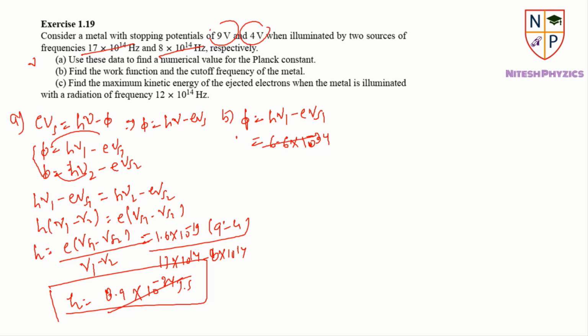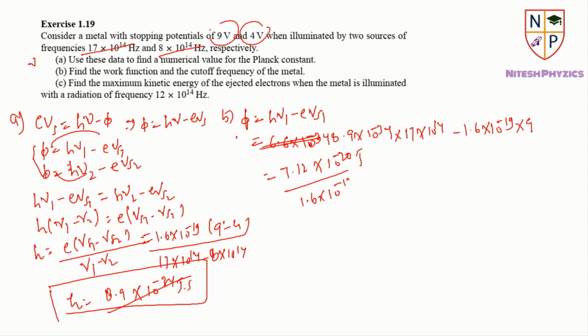We cannot use 6.6 into 10 to the minus 34, so replace it with 8.9 into 10 to the minus 34 joule second, and nu 1 is 17 into 10 to the 14 hertz, right? Minus 1.6 into 10 to the minus 19 into V_S1, 9 volt. So we can calculate the value, which will be 7.12 into 10 to the minus 20 joule. If you calculate in electron volt, just divide by 1.6 into 10 to the minus 19 joule, and it will be around 0.44 electron volt. So the work function will be 0.44 electron volt.